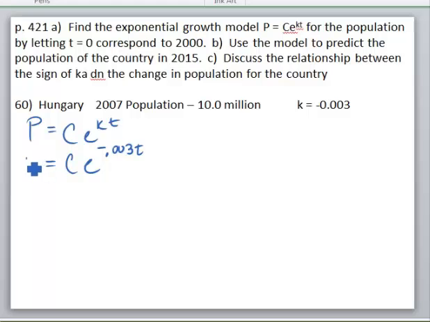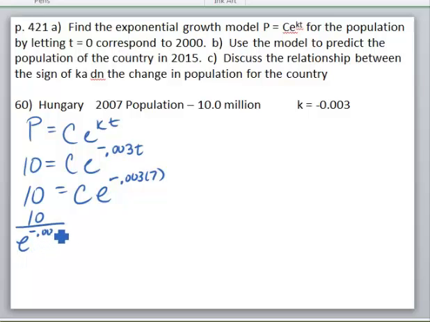The population is 10 million that we end up with in 2007. I'm going to be doing this to predict the population in 2015. So after 7 years, the population is 10. So what I'm going to do is take 10 divided by e to the negative 0.003 times 7. That gives me my C value, which is approximately 10.21.